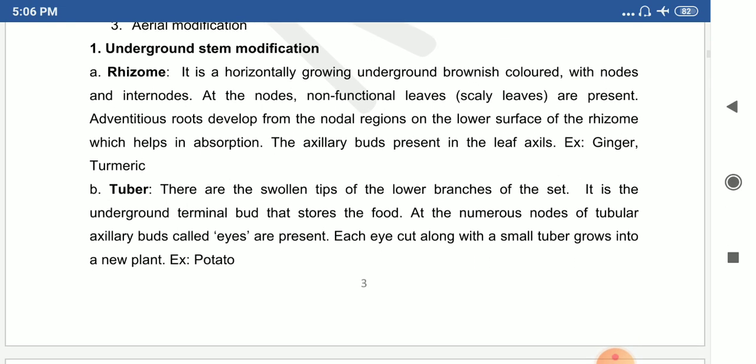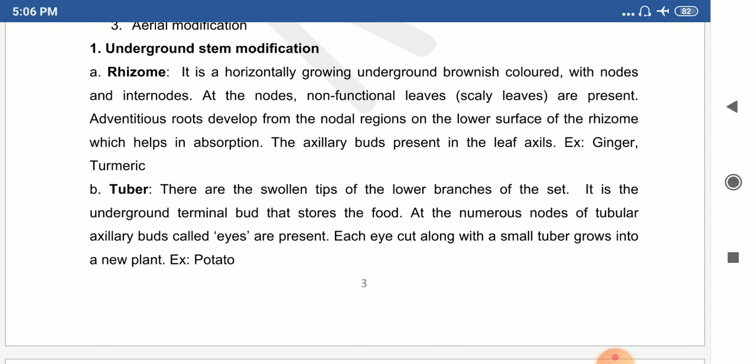First, let's go to the underground stem modification. The first type is the rhizome. What is a rhizome? A rhizome is a horizontally growing, underground, brownish-colored stem modification with nodes and internodes.